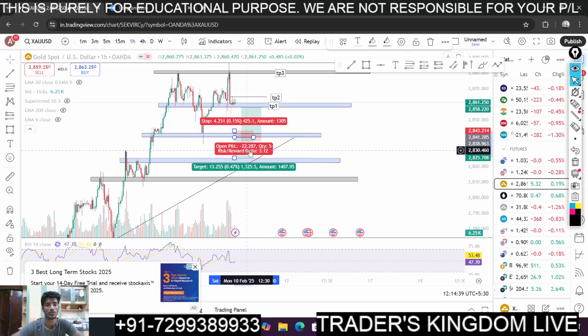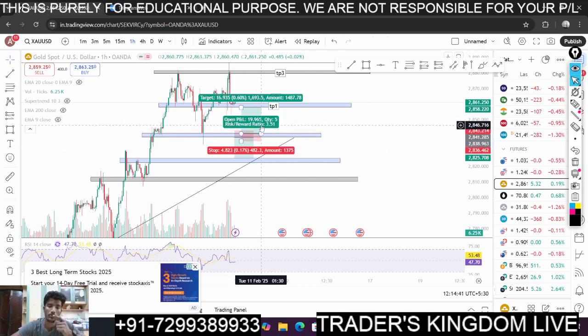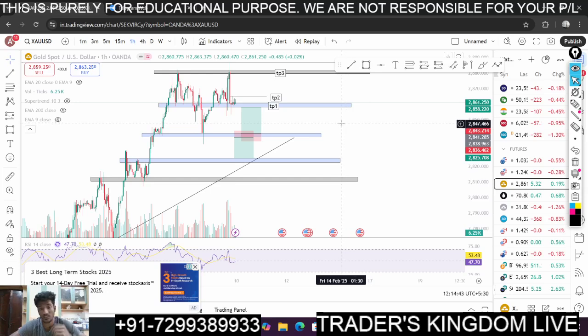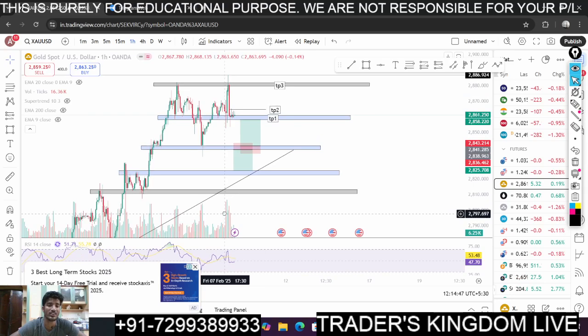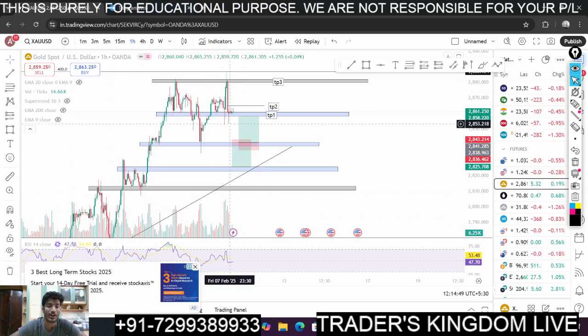So this is the selling side trade. This is the buying side trade. On the buying side, obviously you have more pips to capture because there's no trend line as such, and it is an equal high, so the probability of the M pattern forming here and failing is pretty high.